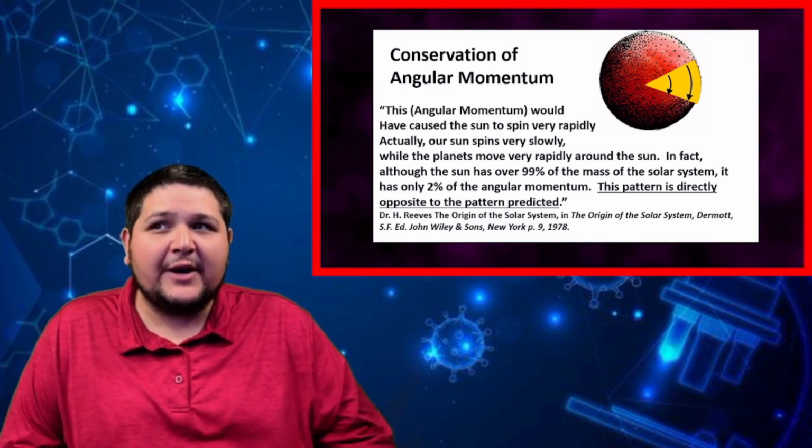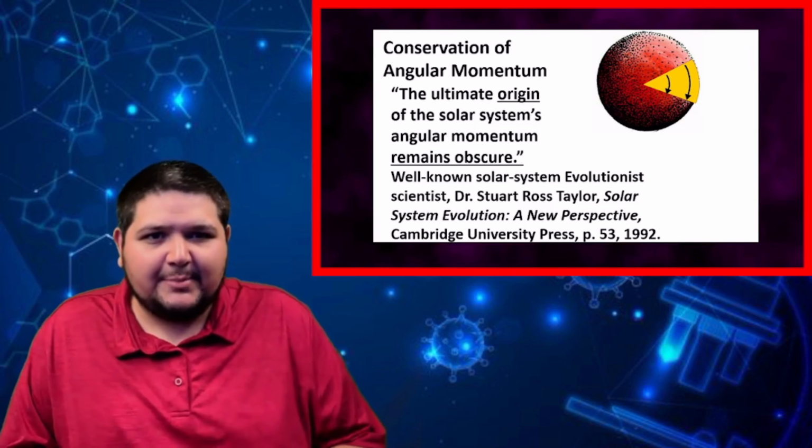This quote is coming from a publication that is written by secular scientists, so this is not a creationist source. Let's look at another quote. This one is by Dr. Stuart Ross Taylor at Cambridge University. He said, "The ultimate origin of the solar system's angular momentum remains obscure." This is a fancy way of saying we have no idea how to explain this and teach the Big Bang.